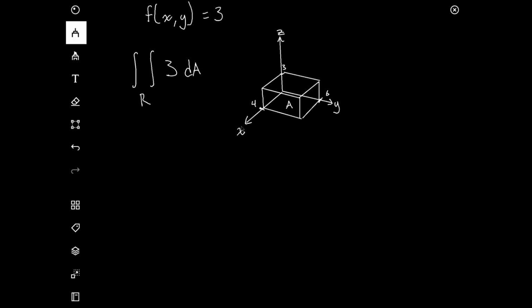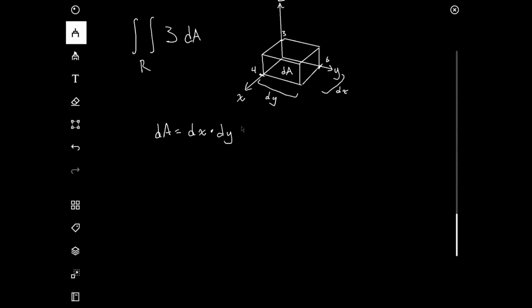A is down here. dA equals dx times dy, right? Because dx is this length right here, and dy is this length right here. Right, we'll call that dA. Okay, so now that we have that, we can rewrite our equation as 3 dx dy.